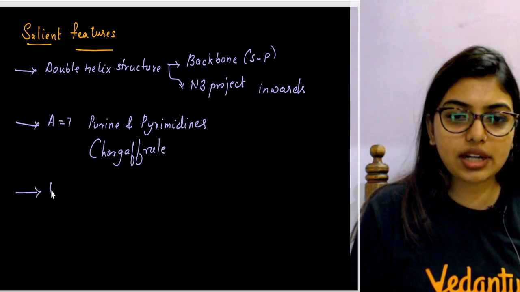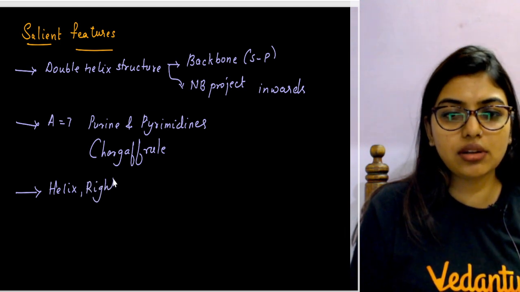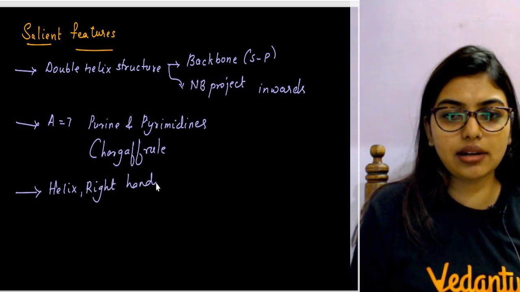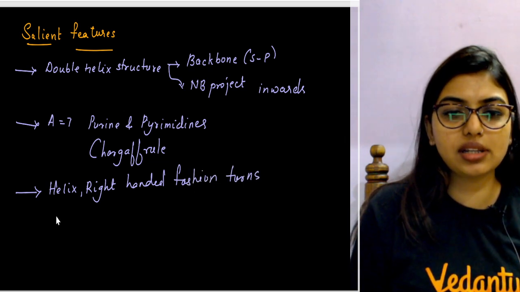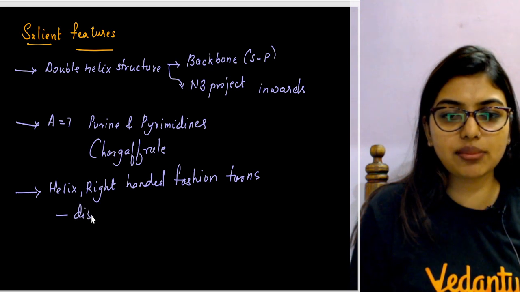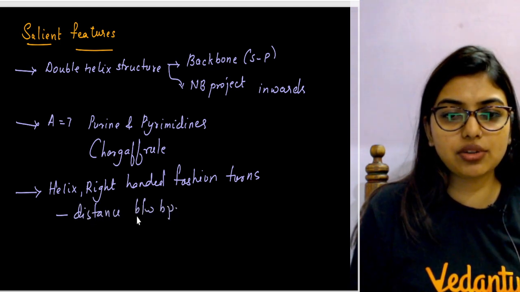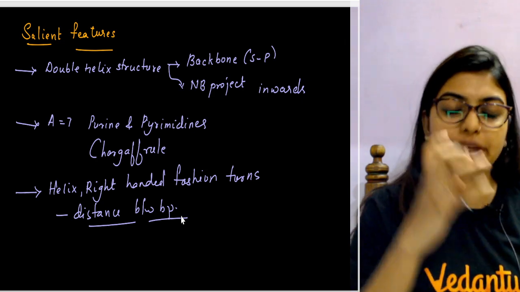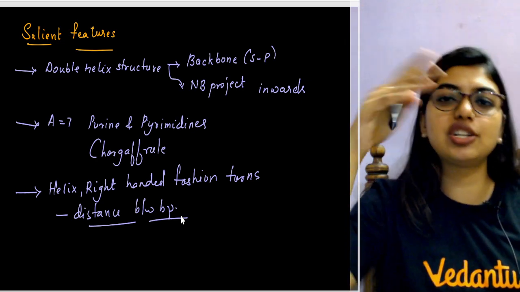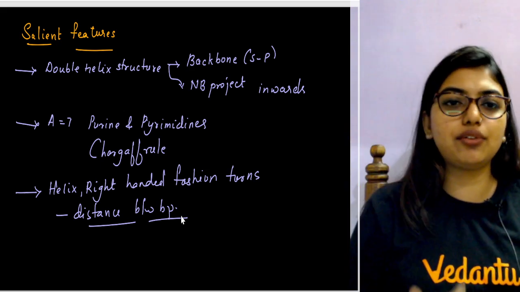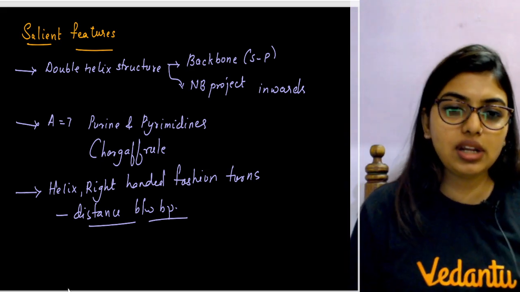Then you can write about the helix and the right-handed fashion, the turns, how many base pairs are present, and the distance between the base pairs. A distance question might come, students, so don't forget to write it. These are a few salient features you can remember. Then you can also write that the hydrogen bond gives stability for the DNA.